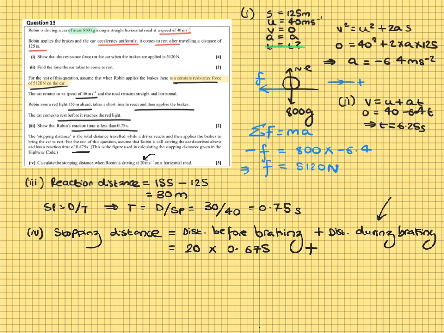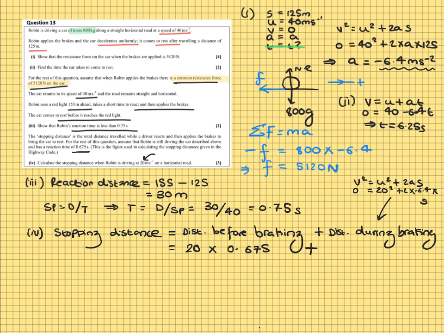So we can make use of v squared equals u squared plus 2as. So that's 0 because it's stationary at the end, equals 20 squared plus 2 multiplied by the acceleration, negative 6.4, which we worked out earlier on, multiplied by s, which is what we're trying to calculate.